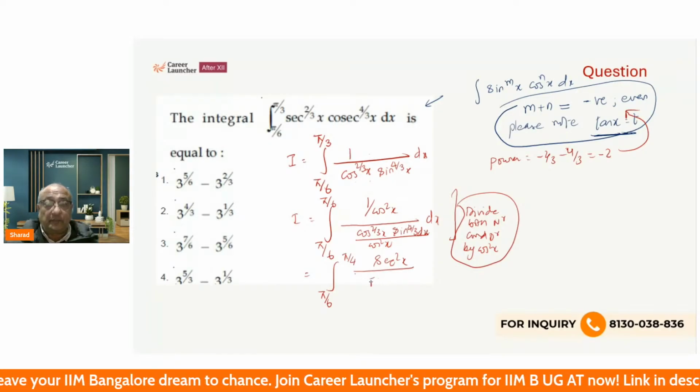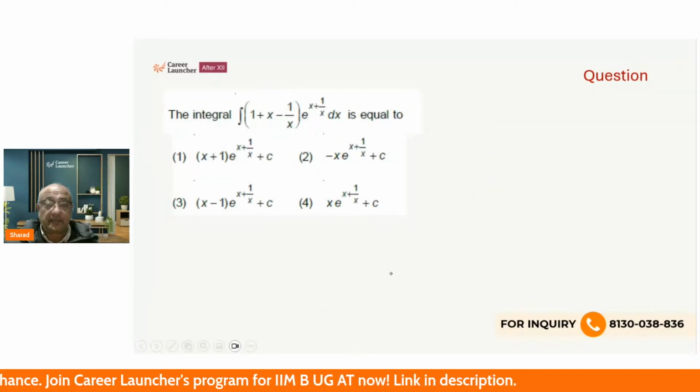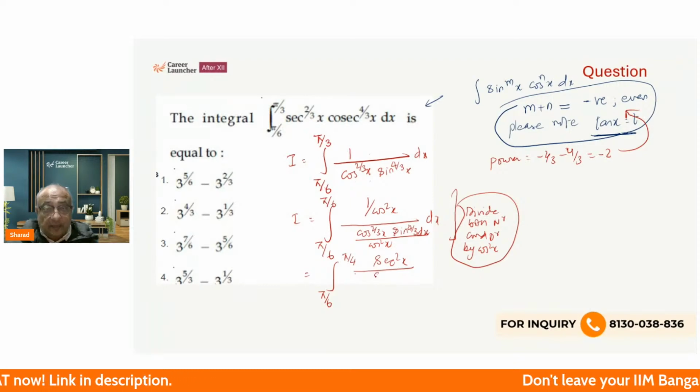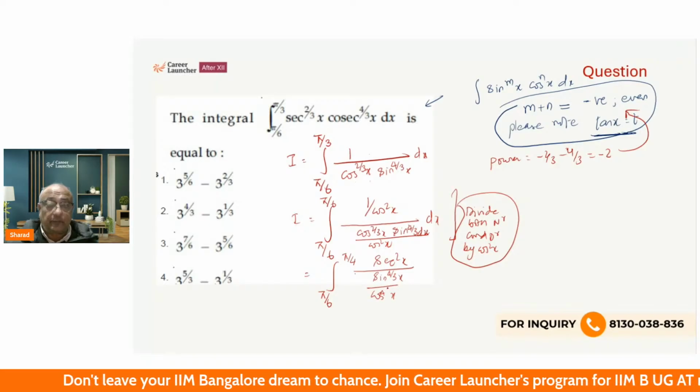Let me write one more step so that you don't have confusion while revising it. The remaining power of cos will tally with the power of sin. This is cos x raised to power 4 by 3.